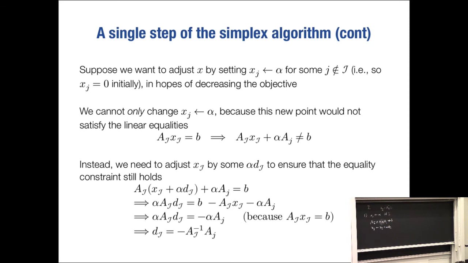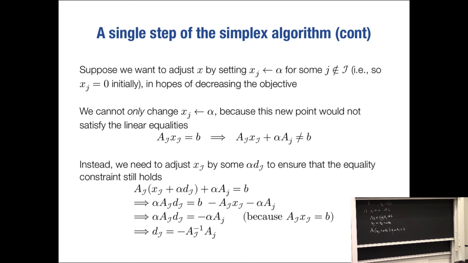So how does that work? Well, let me set it up so that it does work. What we need is for A times (x_I plus alpha d_I), plus alpha a_j, to equal b. If that condition holds, then my equality constraints will still hold after I do this.